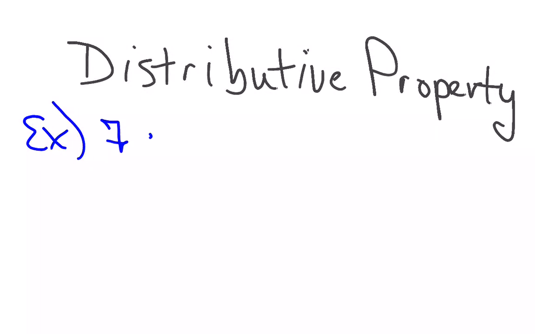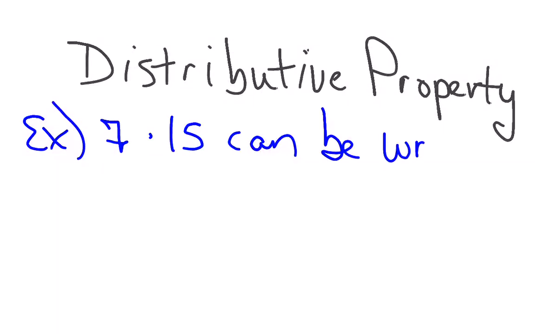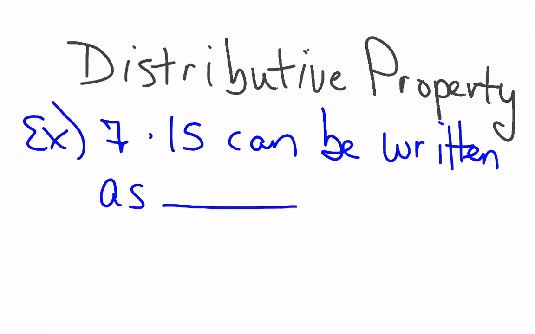So 7 times 15 can be written as blank. So if we look at this, 7 times 15, we can do that multiplication, but we can rewrite it in a little bit different way.